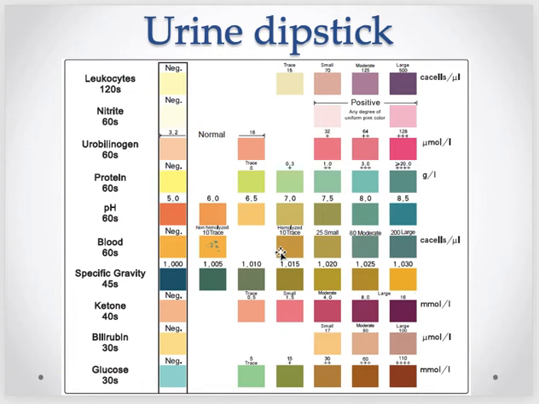So to tell you, the first one is leukocytes. There are some leukocytes which are present in the urine. Females, by the way, have more leukocytes in their urine because of vaginal contamination. This test strip detects leukocyte esterase.